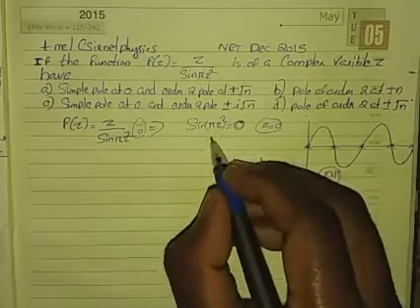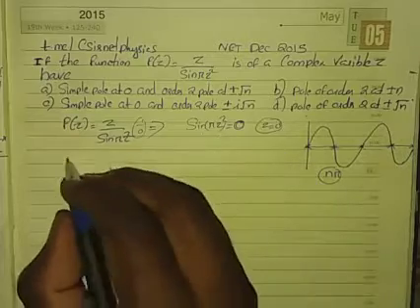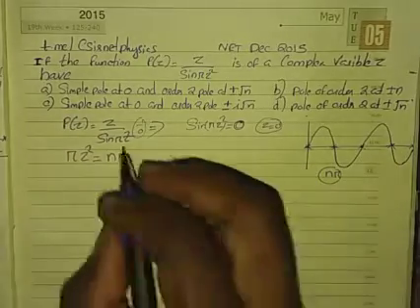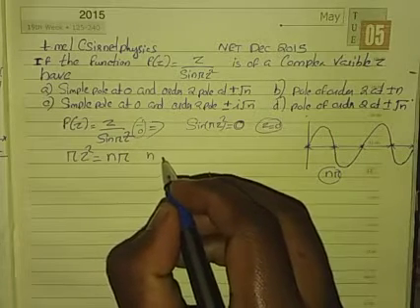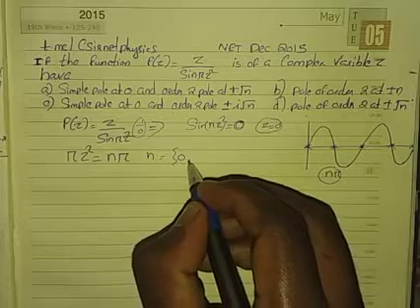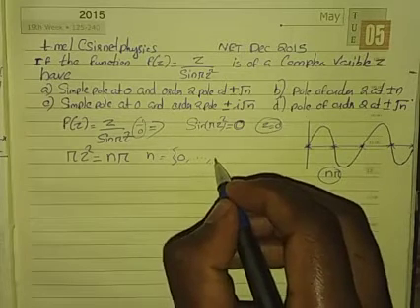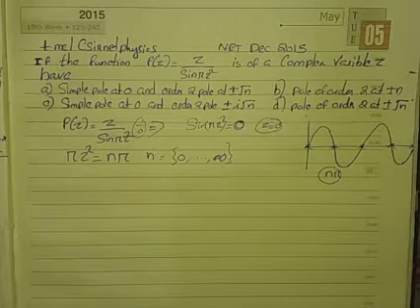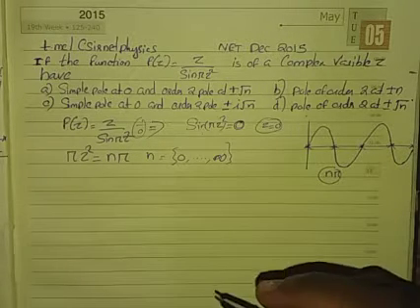So you can put pi z square equal to some n pi, where n ranges from 0 up to infinity. For all n values this condition is satisfied.